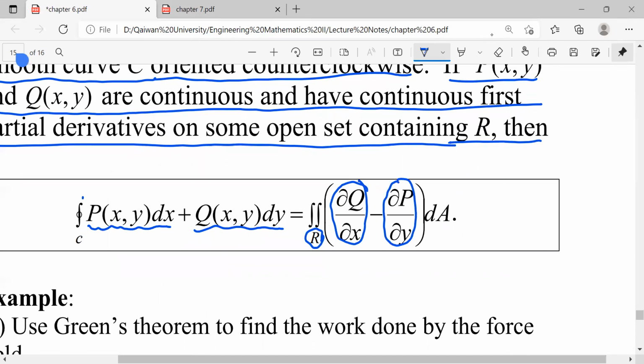Here we use this rule for finding the line integral of a simple closed curve, and it's called Green's theorem.